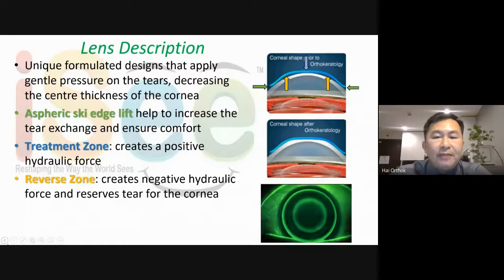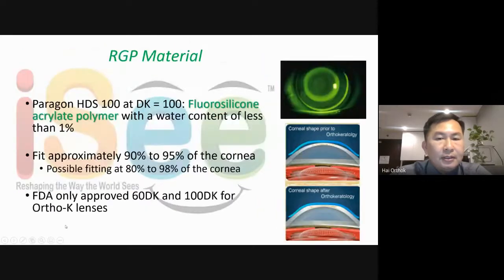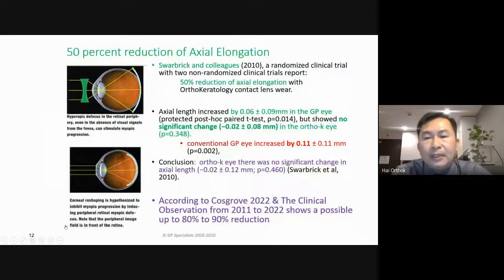I will skip this to show you the reason why Ortho-K controls myopia. You can see the research of Walline and Cheng, which indicates that when patients wear conventional GP lenses, there is peripheral defocus, and this defocus causes elongation of the axial length.